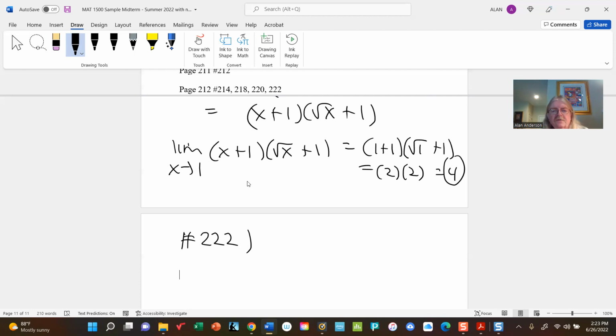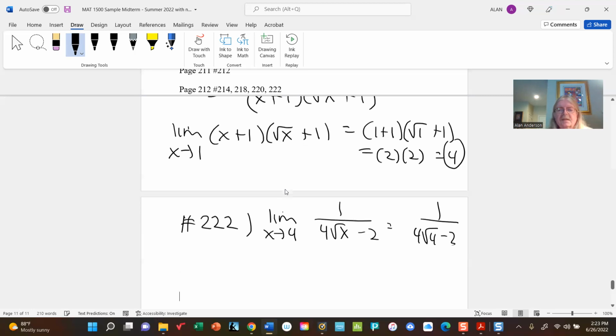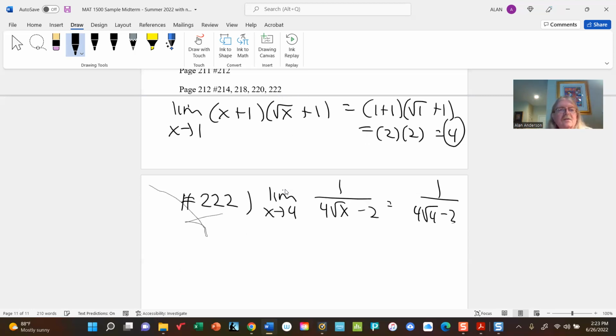The limit as x goes to 4 of 1 over 4 radical x minus 2. What's so hard about that? All you have to do, yeah, they just slipped that one in there on us.